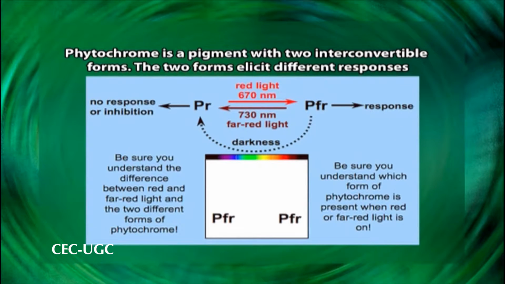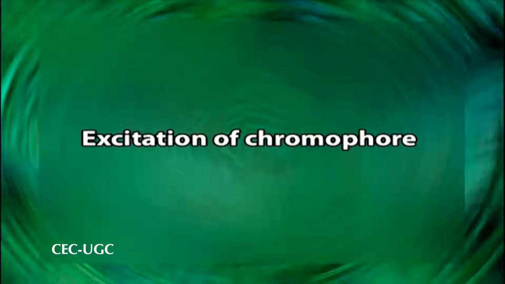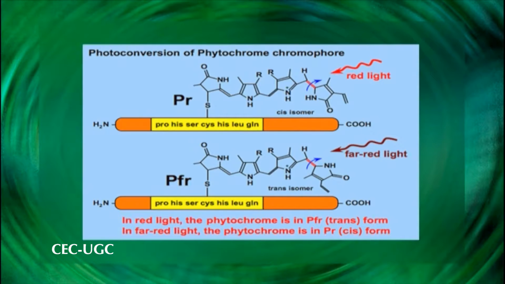The effectiveness of red light and far red light in inducing or inhibiting the induction of flowers strongly suggests the presence of some substance that could absorb light in the said wavelengths. By absorbing the light at a particular wavelength, the said substance probably undergoes excitation of chromophore and the protein bound with it undergoes conformational change. This protein complex induces signal transducing activities leading to flower induction.